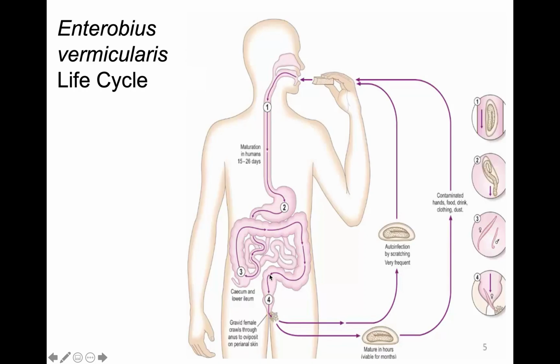As they are going down the GI tract, the magic journey happens: the boys meet girls and they mate, and then the male pinworm dies. The female pinworm needs to crawl through the anus to oviposit.